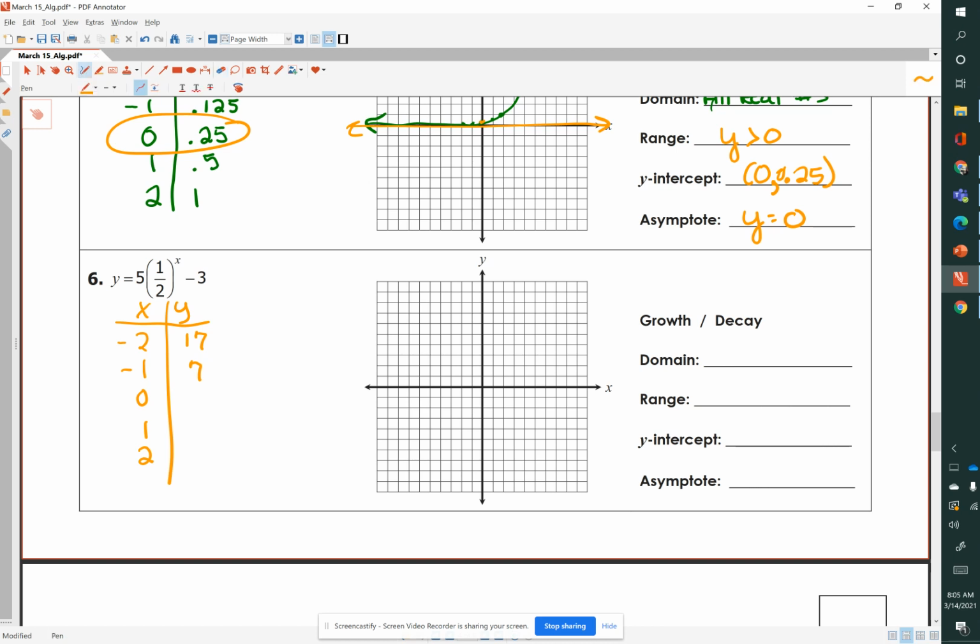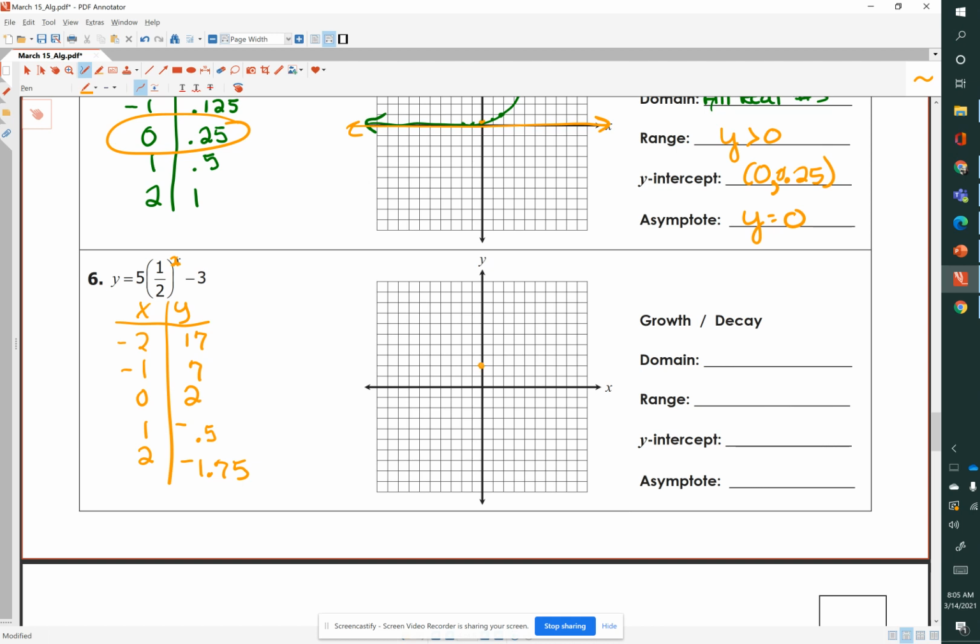For 0, the value is 2. For 1, the value is -0.5. And for 2, the value is -1.75. So let's try to graph that.